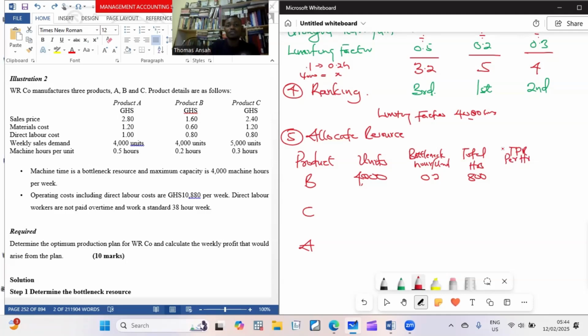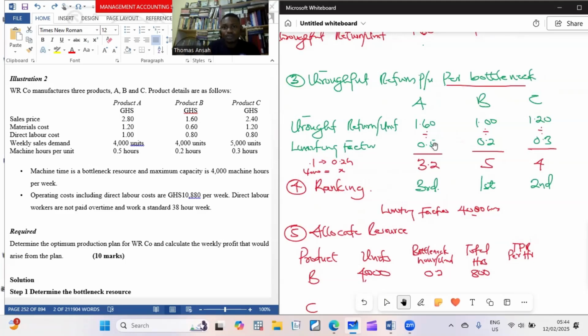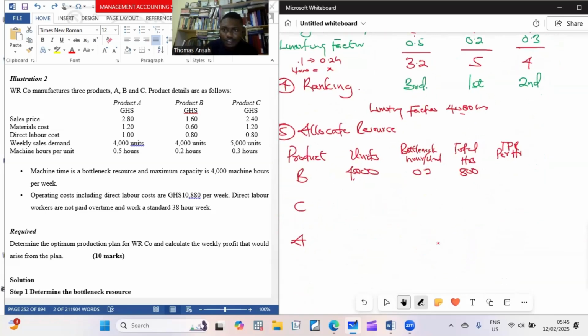That's why we calculated the throughput return. If you check the steps that I gave you, per bottleneck, and the bottleneck is in hours, the throughput return per bottleneck hour is 5, which means my total throughput is this multiplied by this, and that should give me 4,000 cedis.